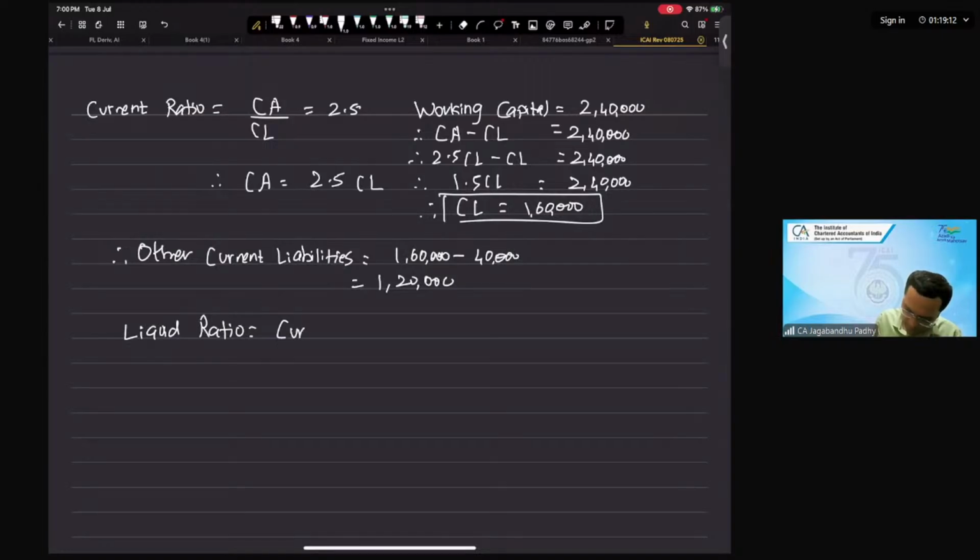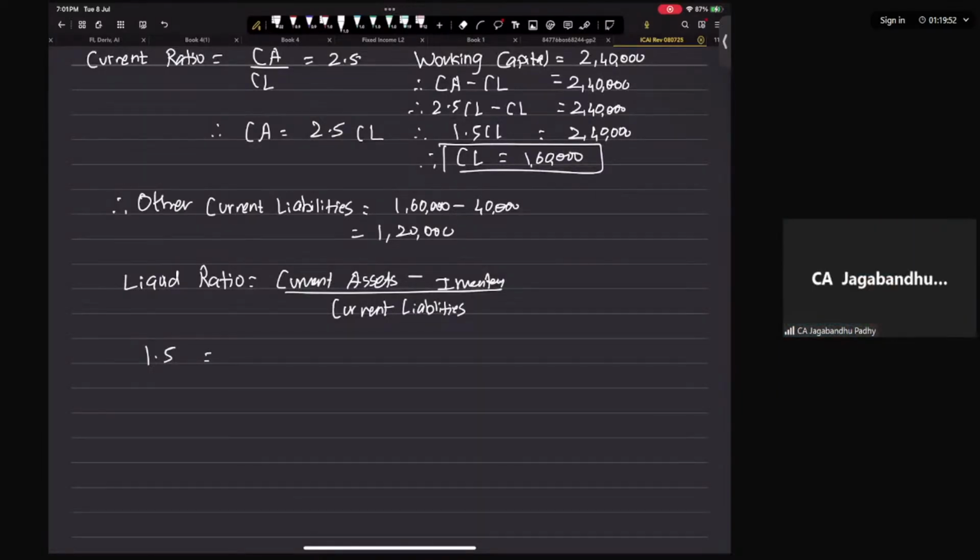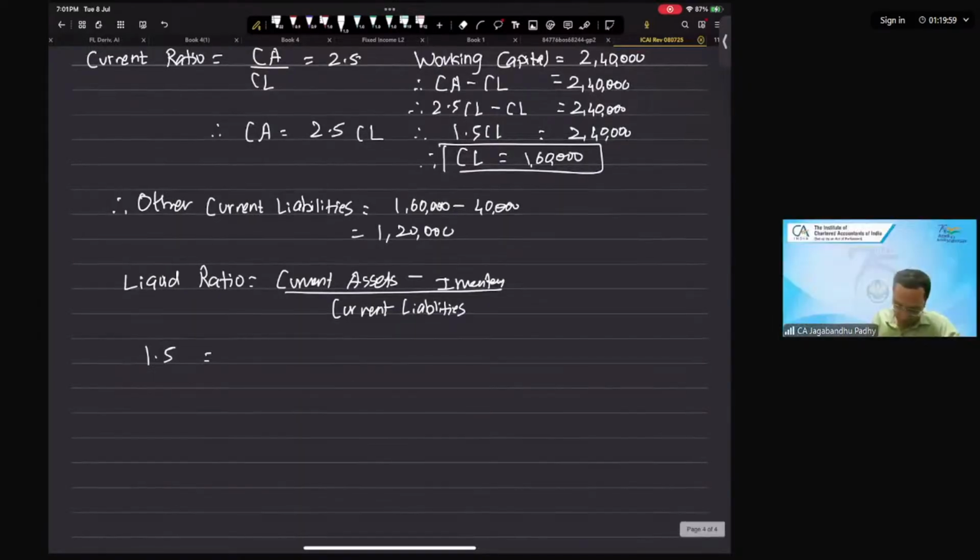Liquid ratio, we have current assets minus inventory upon current liabilities. Okay, liquid ratio 1.5.